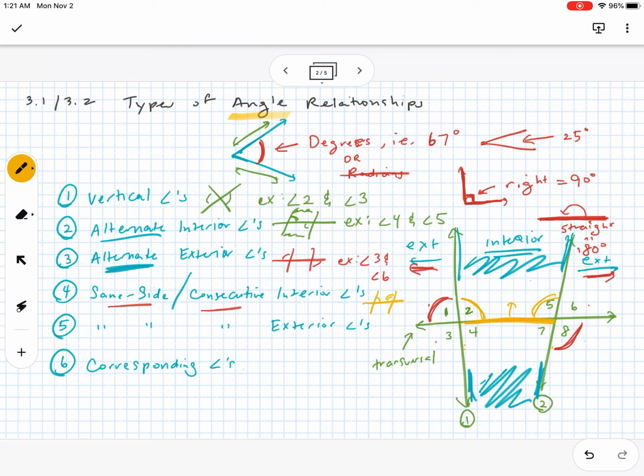Okay, that's what it means to be same side or consecutive. So something like that, right? And so the example here would be angle 2 and angle 5. Okay, or angle 4 and angle 7. Now back to the same side consecutive exterior. So it would be like angle 1. And remember, we're staying on the same side, so angle 1 and angle 6. All right.